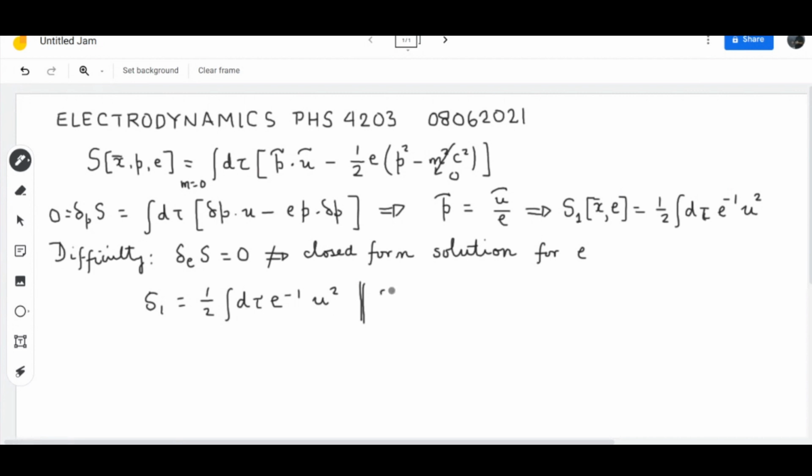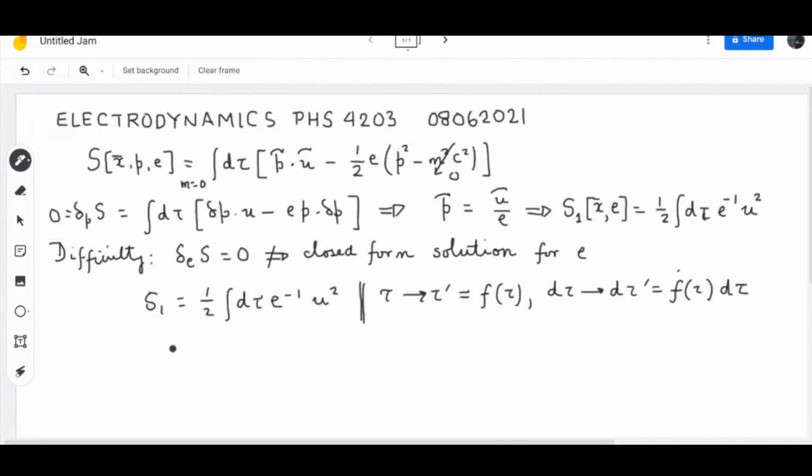So if I change tau to some tau prime, which is equal to any arbitrary function of tau, of course, smooth function of tau. Suppose I do that, right? Then, of course, d tau becomes d tau prime. And if tau prime is a function of tau, then this is obviously f dot of tau d tau, right?